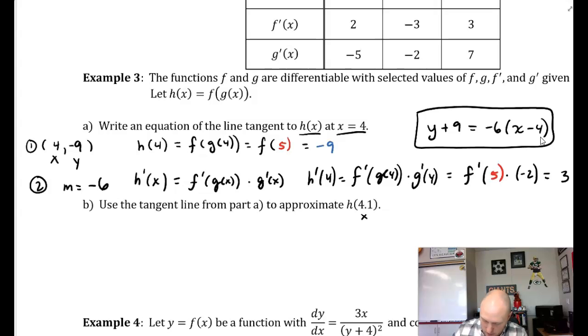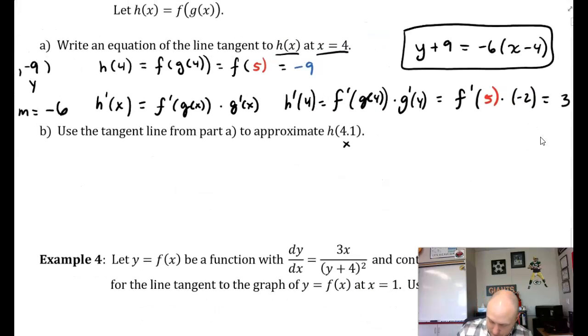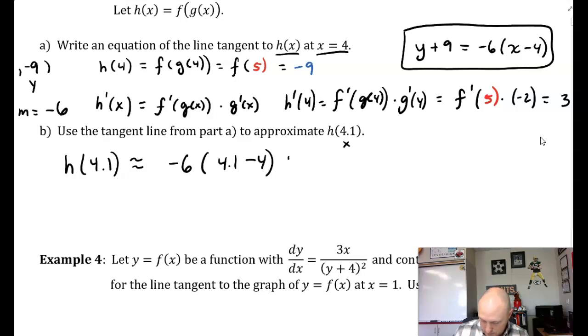So I'm going to say h of 4.1 is approximately, using my function here, -6 times 4.1, I'm just plugging in 4.1, minus 4, minus 9.